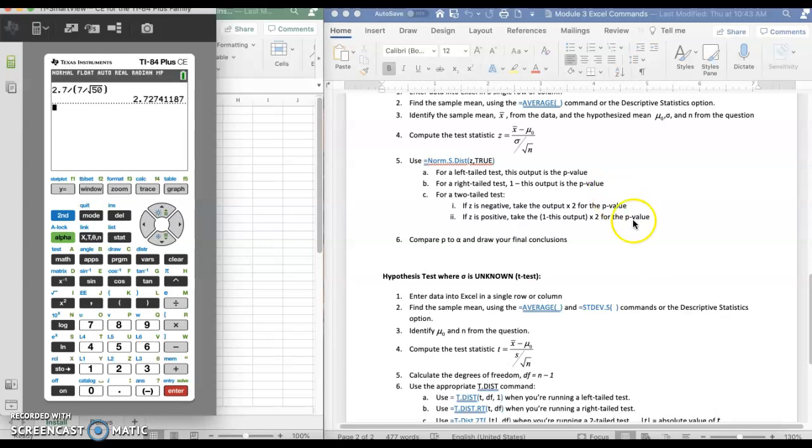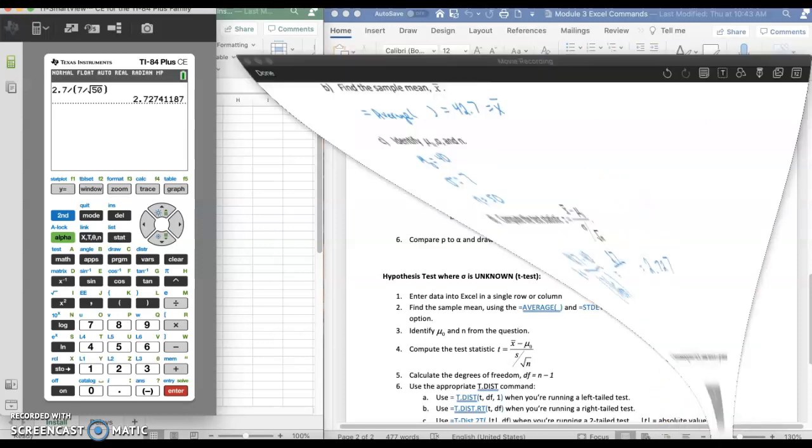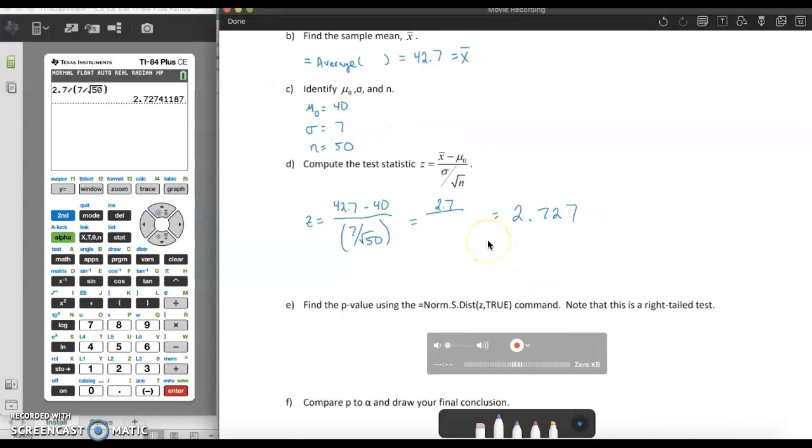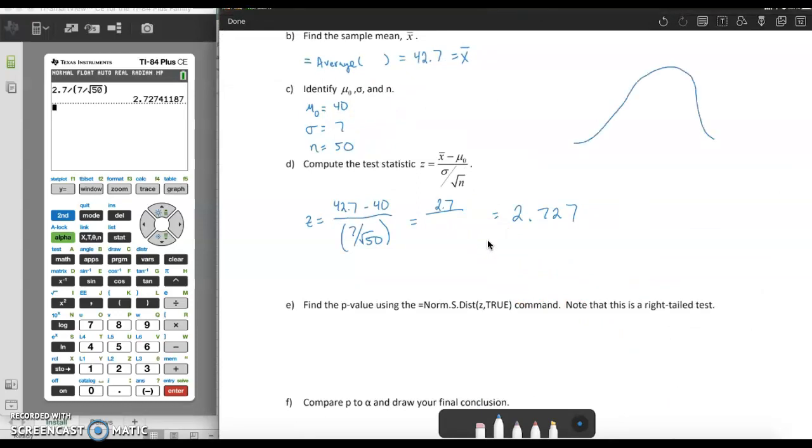Refer to that whenever you're doing your assignments. For us, we have a right-tailed test, right? We were doing greater than. So we just got our z-test statistic being 2.727, and we're looking for this p-value area over here on the right. Excel will automatically calculate the left tail, so we have to do a subtraction step.